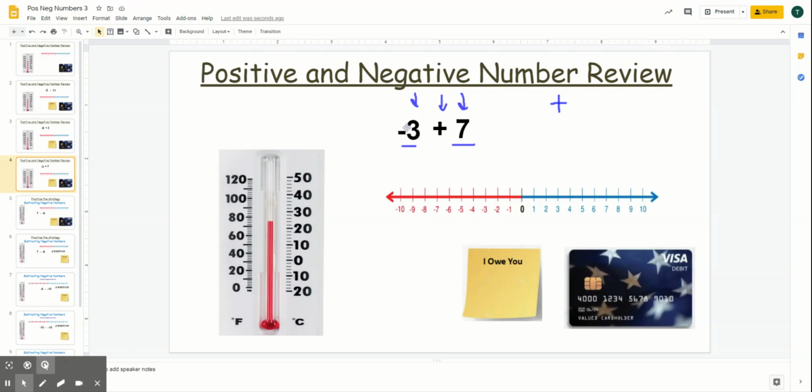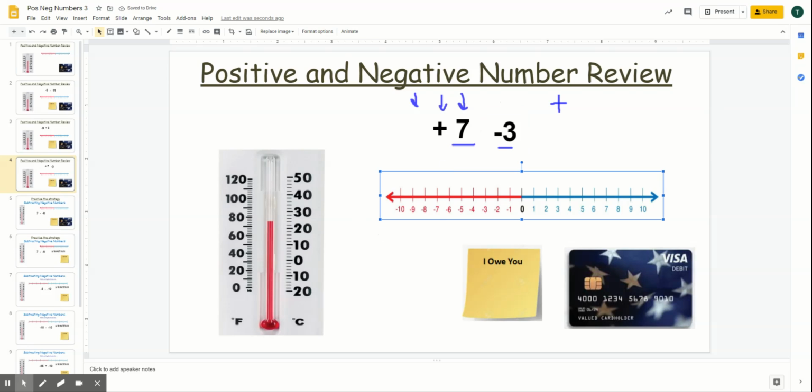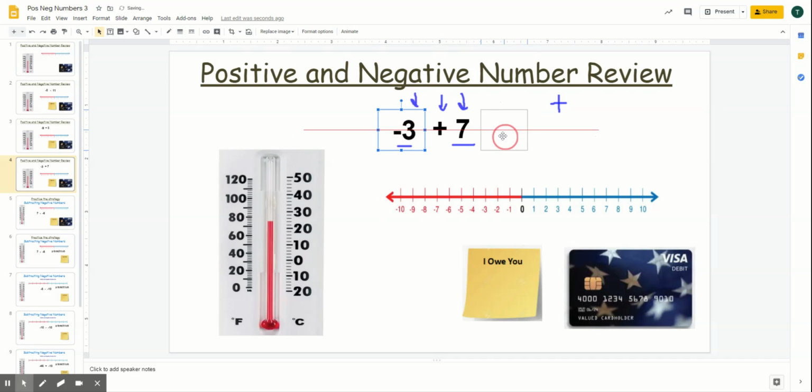And the cool thing that you guys can do with positive and negative numbers is you can move the first number and move it to the end. Now take a look. That becomes a lot easier to read, perhaps. Ignore the plus, because again, if a number doesn't have a sign, it's always positive. 7 minus 3, been doing that since first grade, right? So that's what you can always do, is you can take the first number and move it to the end. All right, so very easy way to solve that one, right? So that would be 4.